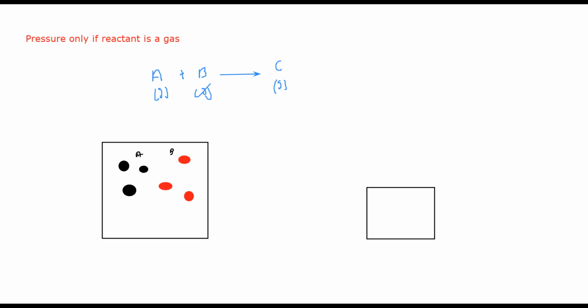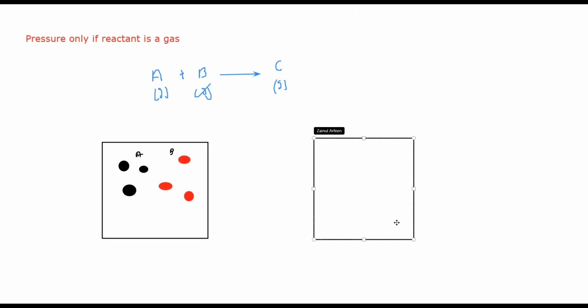Now, the same amount of gas A and B, but in a small container. Or we reduce the volume, or we increase the pressure. How can we reduce the volume or increase the pressure? It's by compressing it. So what we did, if the container is the same, we compress, since gases are compressible.